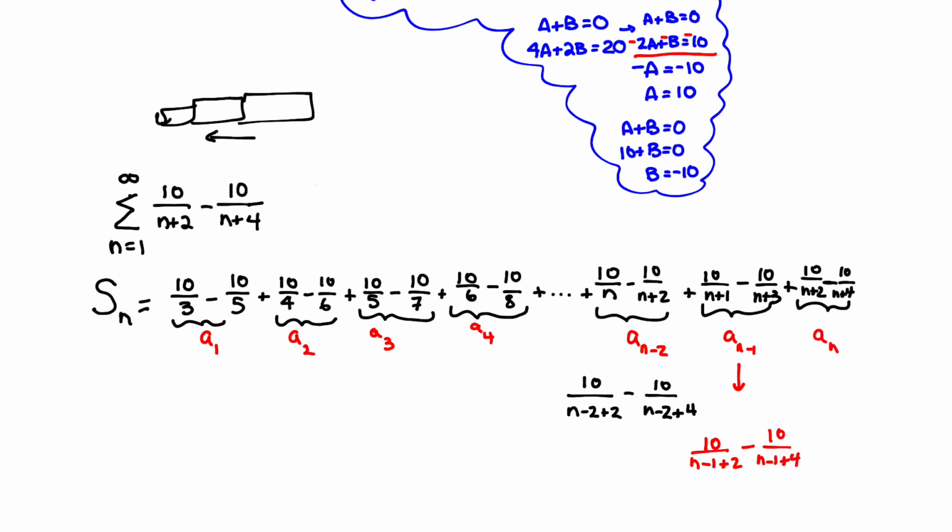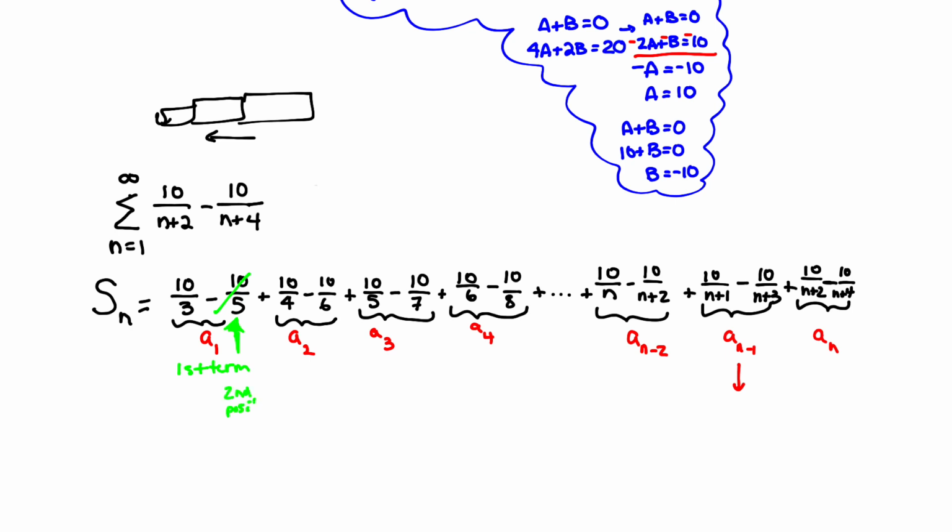We've got an nth partial sum here. And let's see if we can make it go down. So in my first term, if I look at the second piece, where does he cancel? He cancels with the third term's first position.